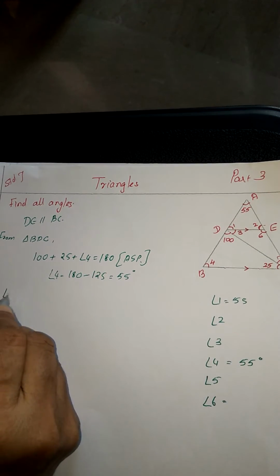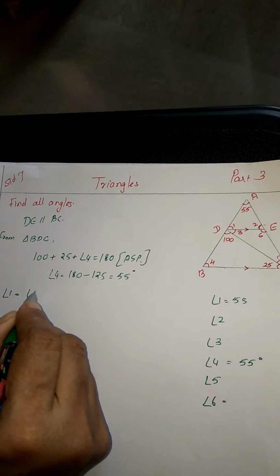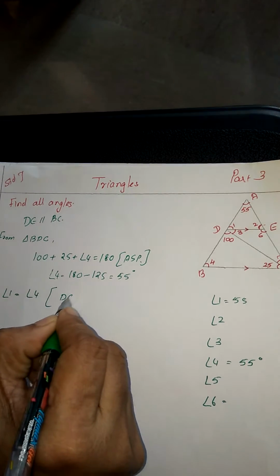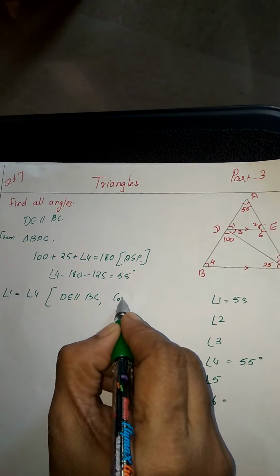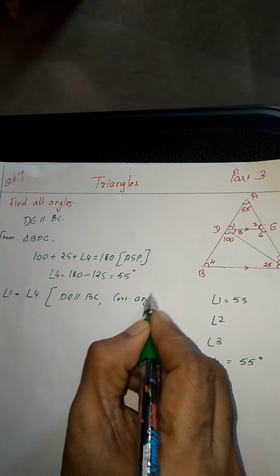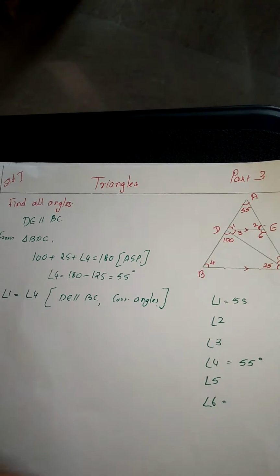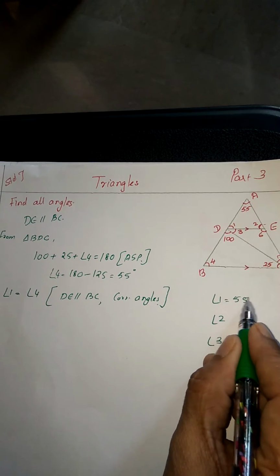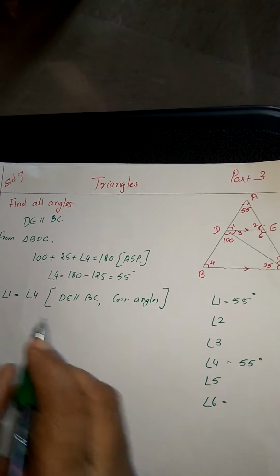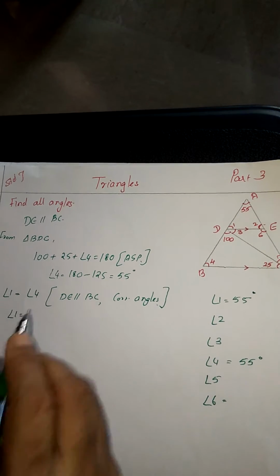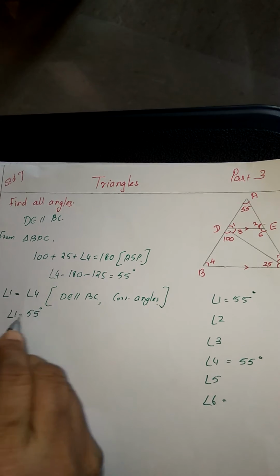So we can write angle 1 is equal to angle 4. The reason is DE is parallel to BC, corresponding angles. So angle 1 is equal to 55 degrees.